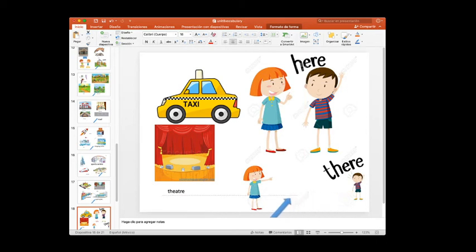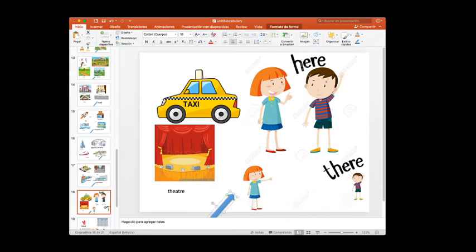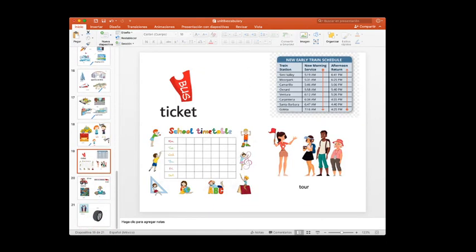There is the boy. Okay? Here we have the ticket. For example, when we go to the cinema, we need a ticket. When we go to a concert, we need a ticket, and so on.